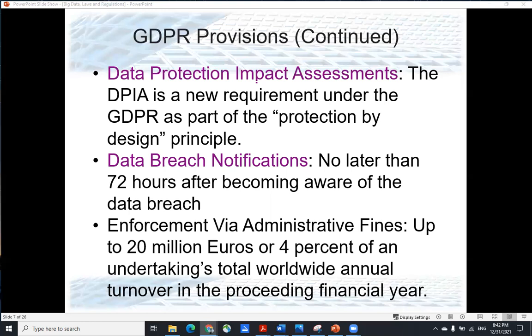It indicates that where a type of processing, in particular using new technologies, and taking into account the nature, scope, context, and purposes of the processing, is likely to result in a high risk to the rights and freedoms of natural persons. That's what the GDPR calls natural persons.